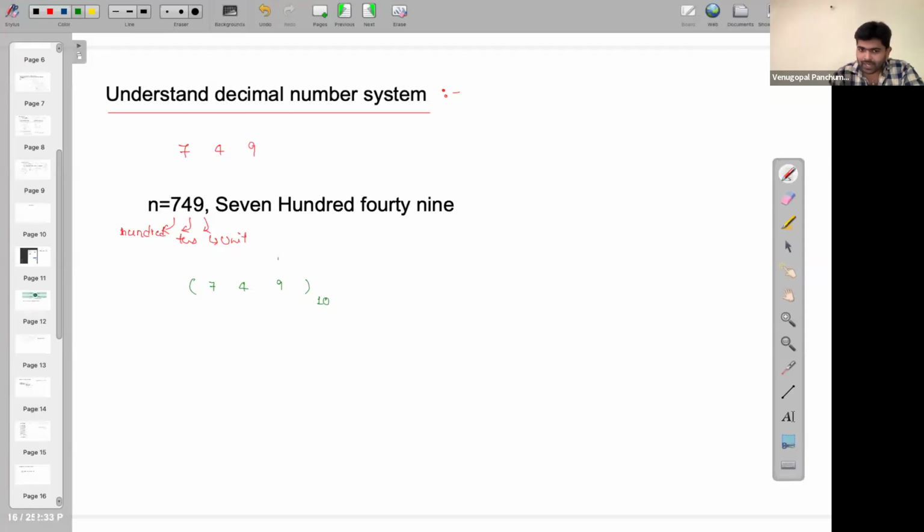Here I can write 10 power 0, this is 10 power 1, this is 10 squared. So I can write this as 10 squared into 7, plus 10 power 1 into 4, plus 10 power 0 into 9.